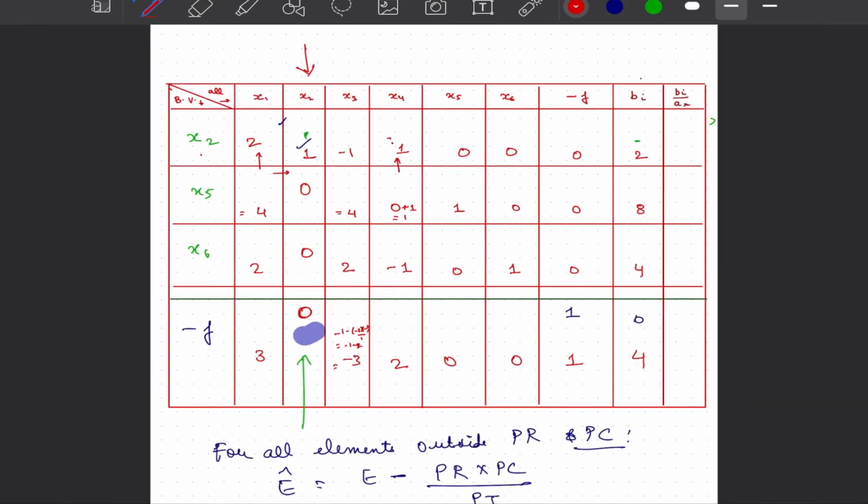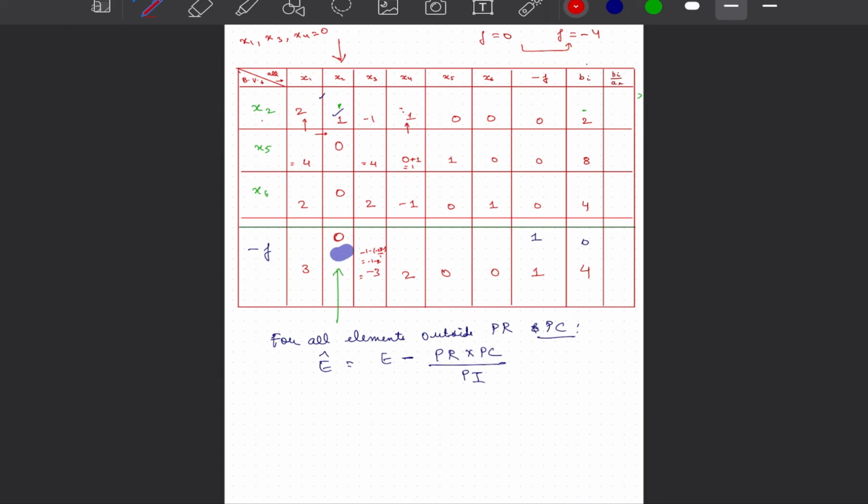So we have definitely gone from f equal to 0 to f equal to -4, which is definitely an improvement as we are looking for minimization. All our variables are greater than 0, because x2, x5, x6 are greater than 0. On the other hand, x1, x3 and x4 are equal to 0. So this is a basic feasible solution and solutions are also improving.